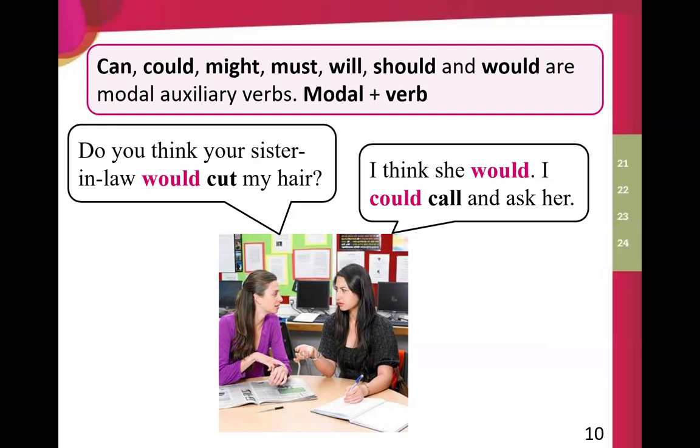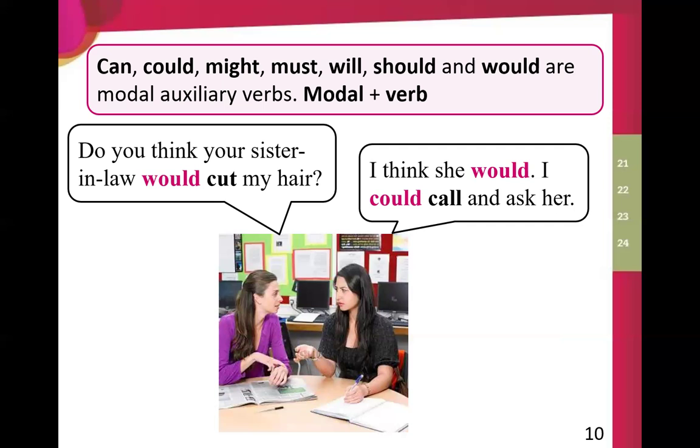Okay. Here, can, could, may, might, must, will, should, and would are modal auxiliaries as well, because we can use them with other verbs, and also we use them plus the infinitive form of the verbs. Okay, the example here says, do you think your sister-in-law would cut my hair?